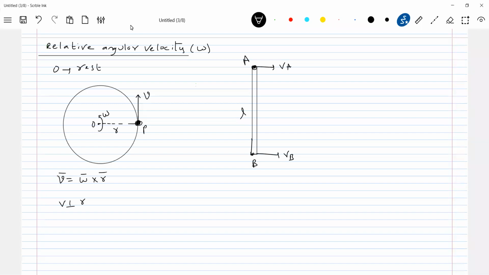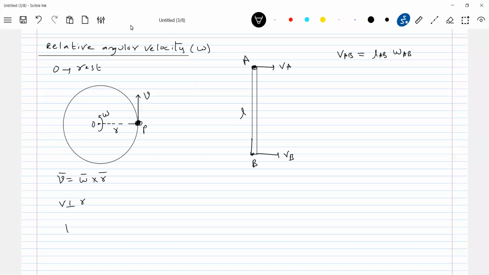Then the basic definition will go like this. Then velocity of A, so here what you write? Velocity of P with respect to O, and O was at rest. So here velocity of A with respect to that should be equal to L AB into omega AB.